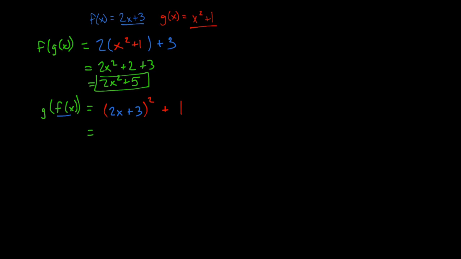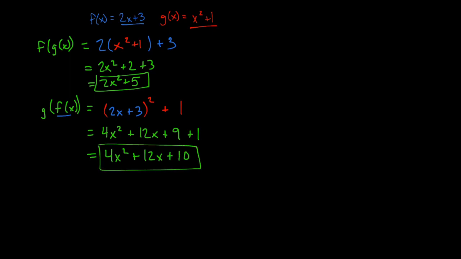So if we FOIL, that will give us 4x squared plus, we would have 6x and 6x, so plus 12x, and then 3 squared is 9, plus 1. So we're going to end up with 4x squared plus 12x plus 10.